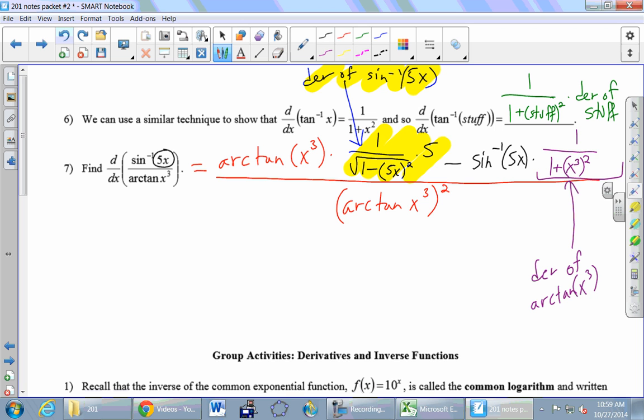Stuff is just x cubed in this bottom part. But then times derivative of the stuff. The stuff is still x cubed, even though it might look like x to the 6th. X to the 6th is just part of the rule here, but x cubed is the stuff. What's the derivative of that stuff? 3x squared. So that is the derivative.